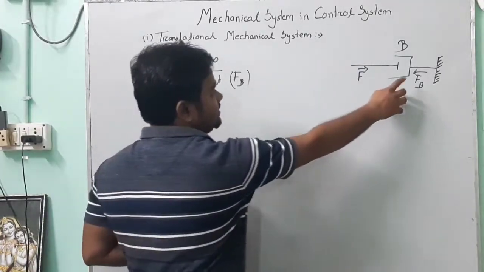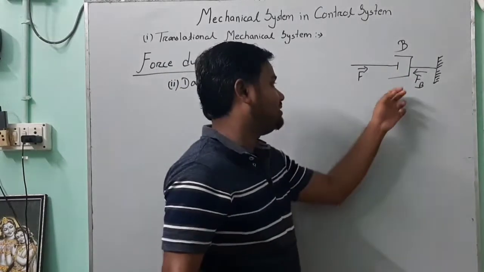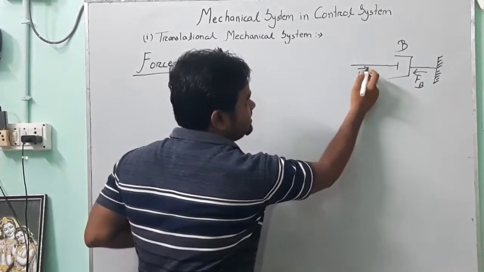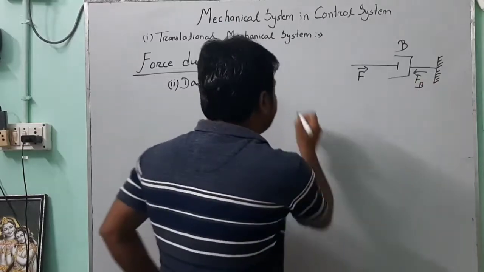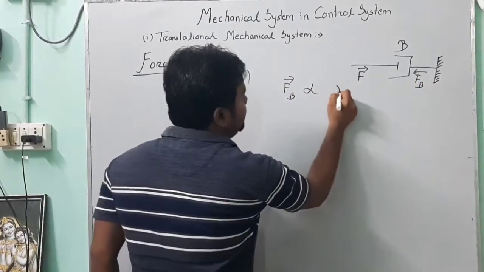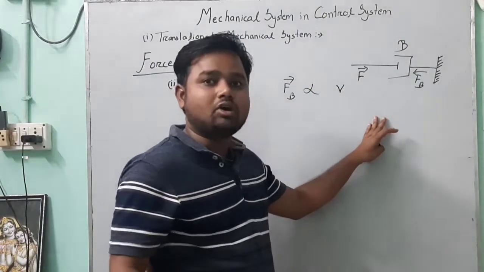Here, the frictional part with the dashpot is connected in the same manner, such that one side is fixed and one side is open. The force is applied in this direction and the opposing force Fb is established here. Here Fb is proportional to the velocity. In the previous case, it was proportional to the acceleration.